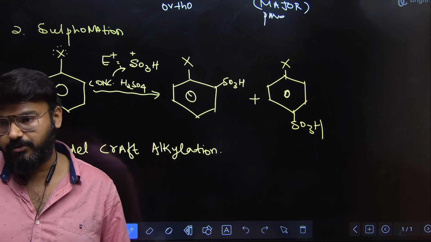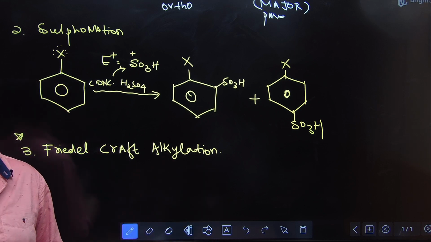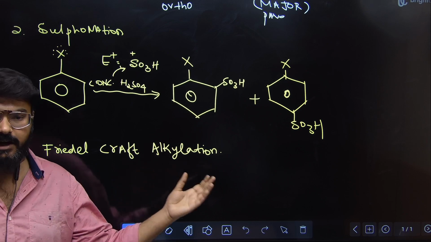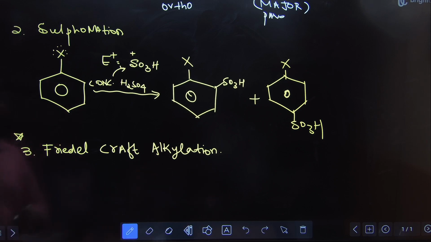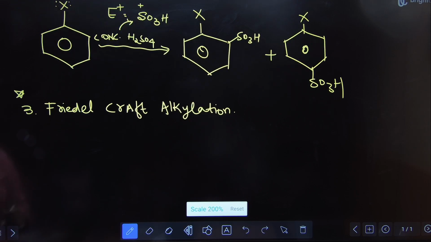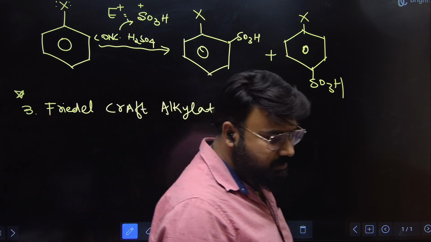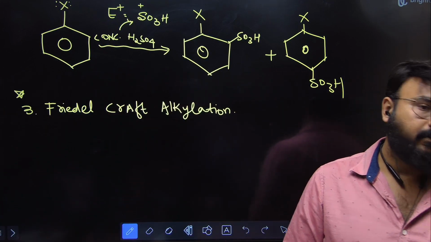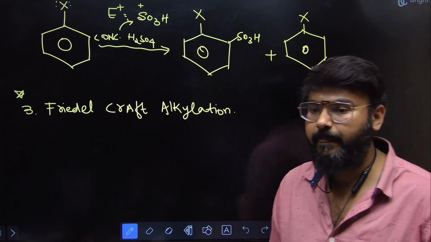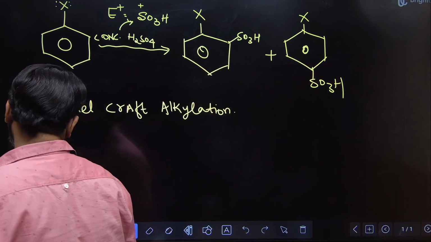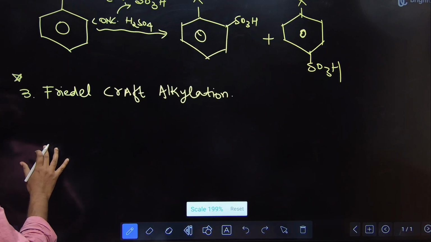Friedel-Crafts alkylation, okay? FC alkylation. Alkylation means we add alkyl halide, okay? Alkylation means we will add alkyl halide. I hope it's clear to everyone, okay? All right. So you all can see this.